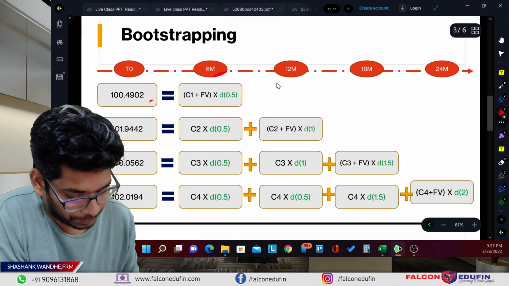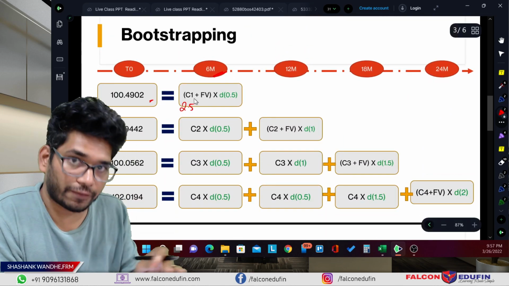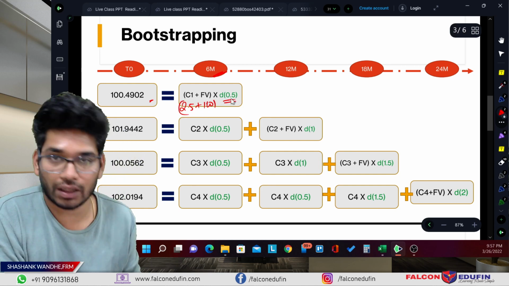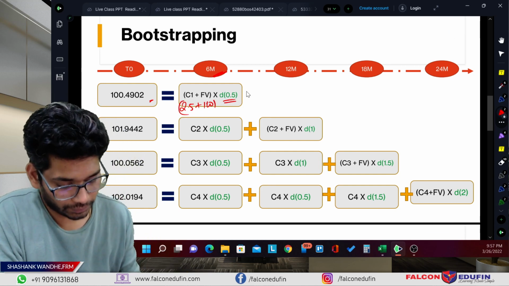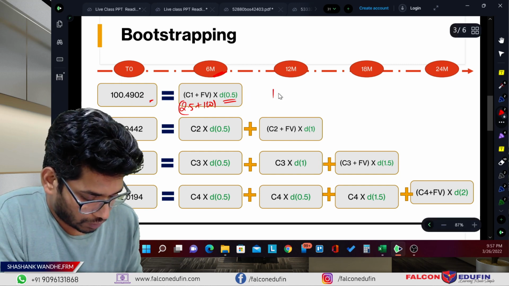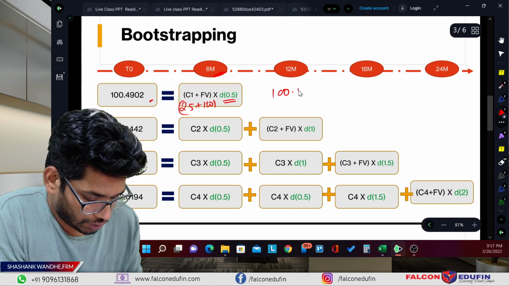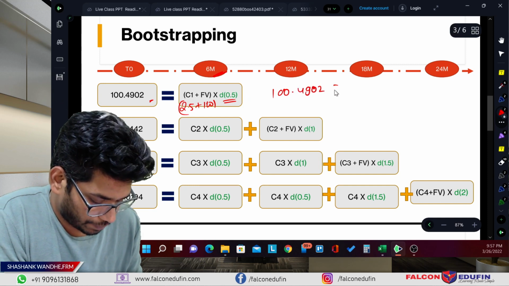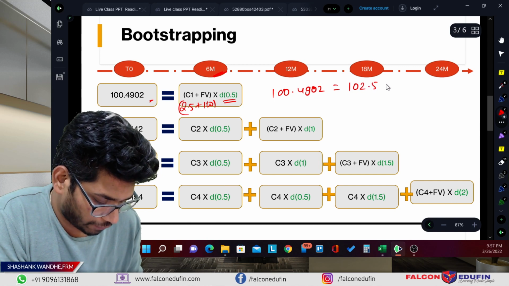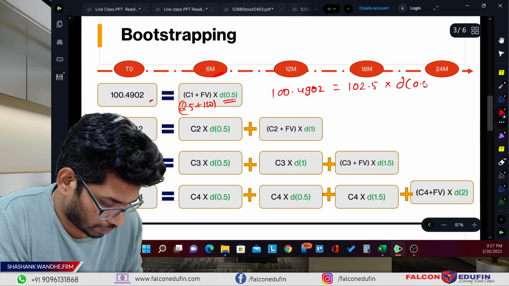So 2.5 in 6 months plus 100, and you have D 0.5. Let's write down this information: 100.4902 equals 102.5 multiplied by D 0.5.